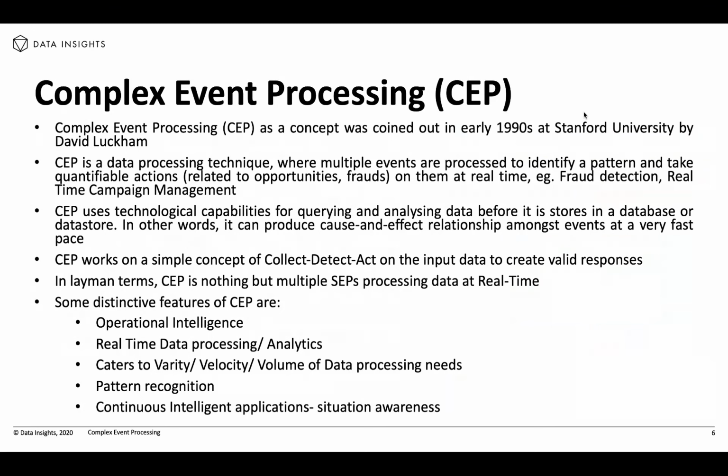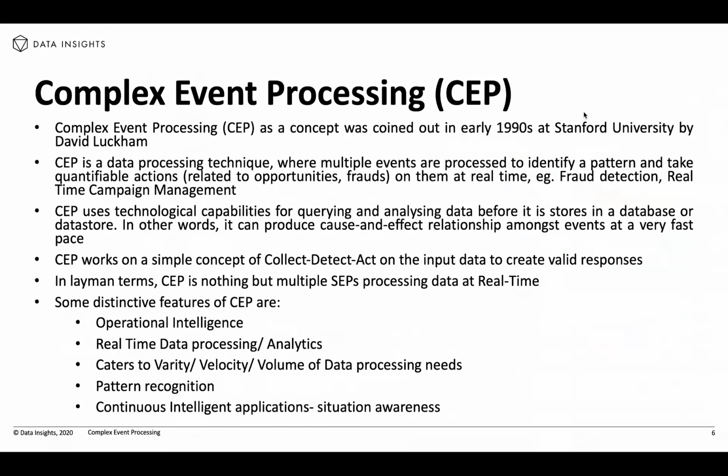If frauds are detected a day after they have happened, there is very little that an organization can do. However, if these kinds of activities are tracked and captured at the very start of the activity itself, then organizations can take a lot of measures on top of it, and avoid it in future as well.